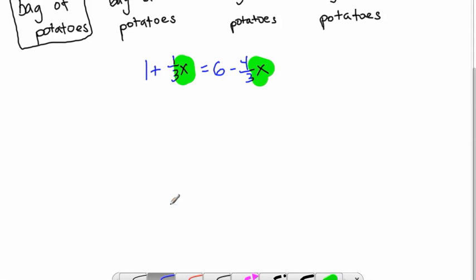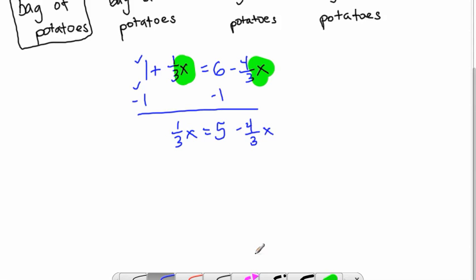Let me switch the pen. Subtract 1, subtract 1. 1 minus 1 is 0. I'm left with 1/3 x equals 6 minus 1 is 5 minus 4/3 x. Okay, I'm going to add 4/3 x because I'm trying to solve for x.